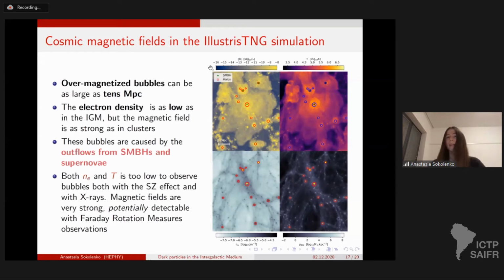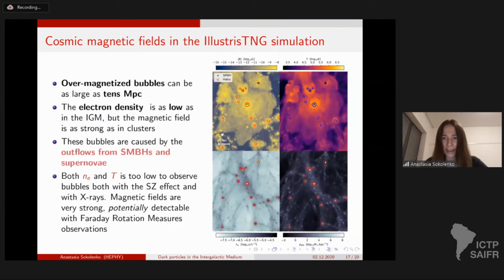So the magnetic fields that were created in these small structures extend outside these structures, and they are quite strong and long. These magnetic fields were produced by supernovas and by black holes.